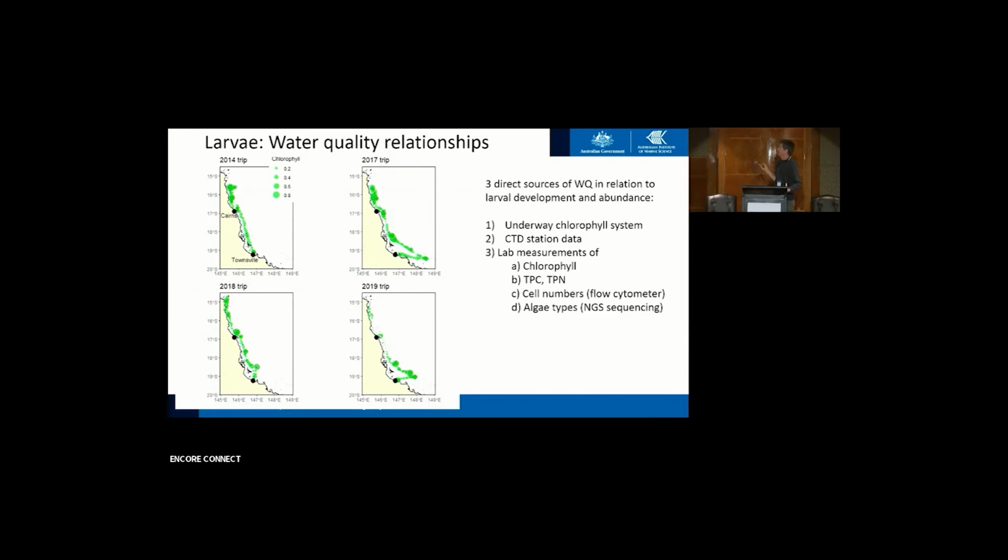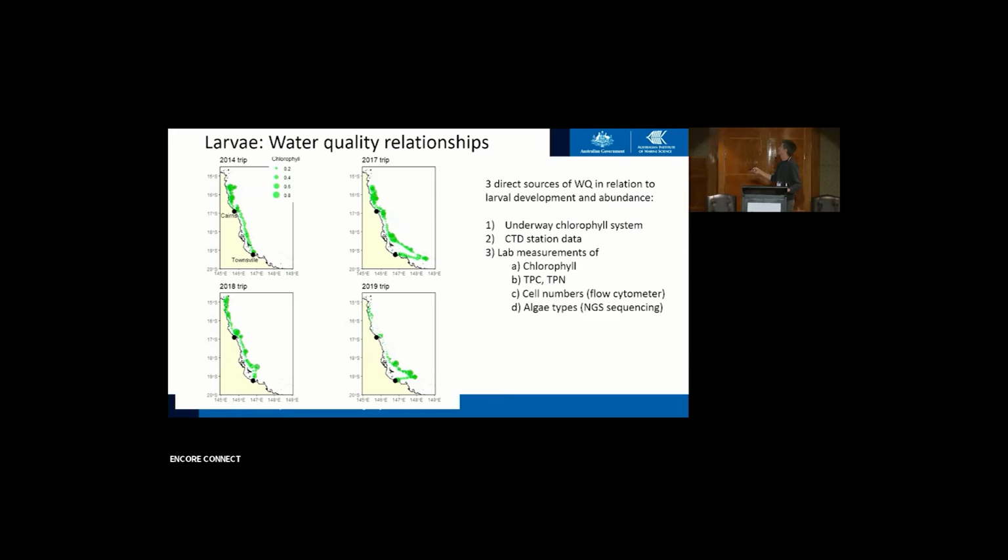And just at the end, a very quick teaser on what we can do with the nutrient data. During all of the field trips, as I said, we collect 3 different types of nutrient data. These are chlorophyll data from the IMOS underway system we have on board. Basically every dot is a station along our cruise tracks, and the size of the dot represents the chlorophyll density.